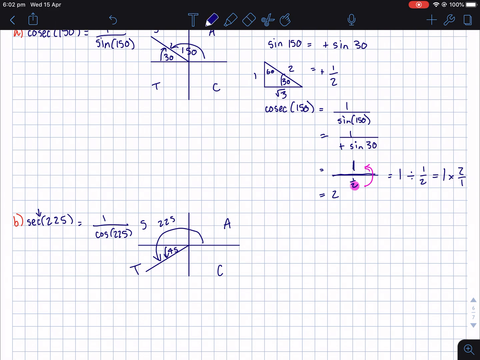So we can say that cos 225, this is in the third quadrant, only tan's positive, so it'd be negative cos 45. If I draw my 45-degree triangle, 45, 1, 1, that means this must be root 2, so cos 45 equals, we're going to have negative 1 on root 2.